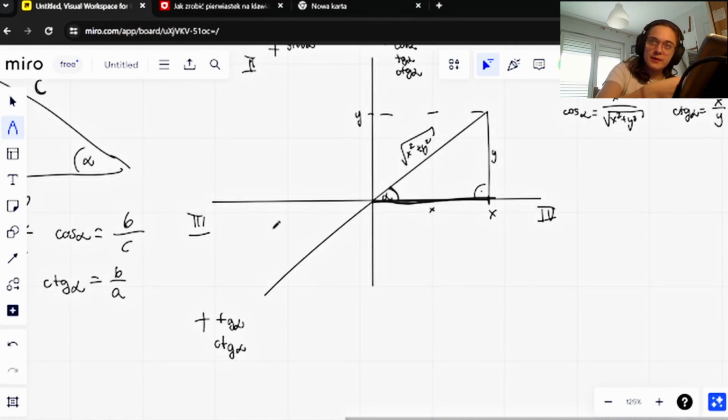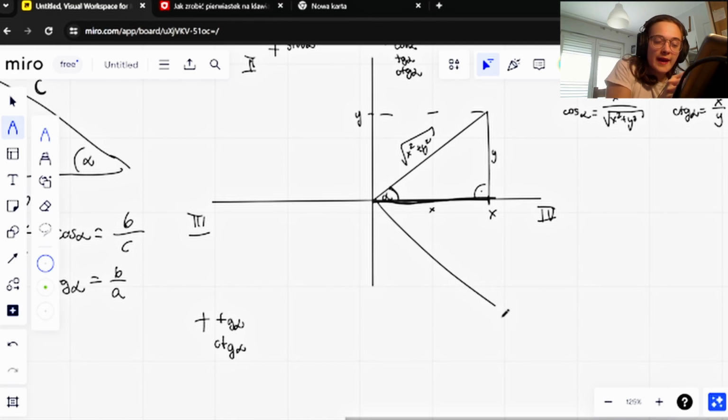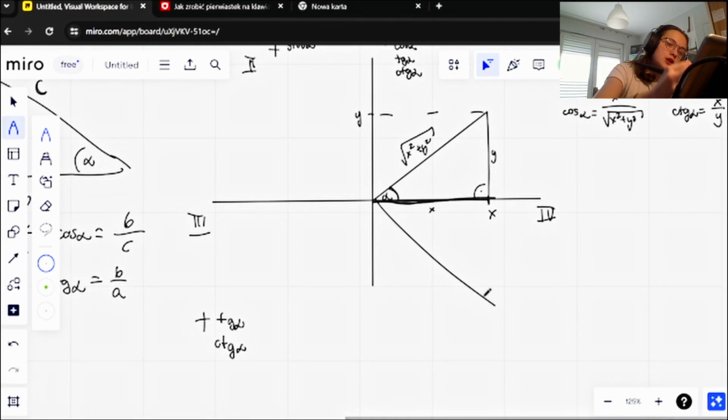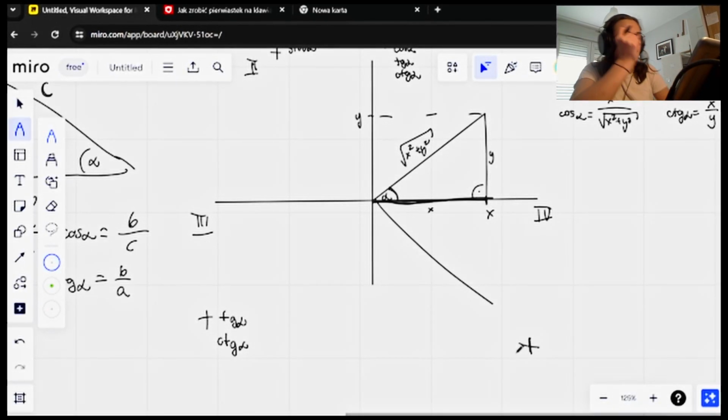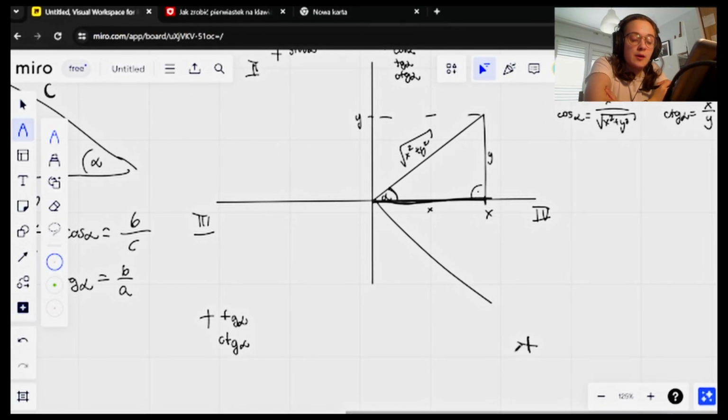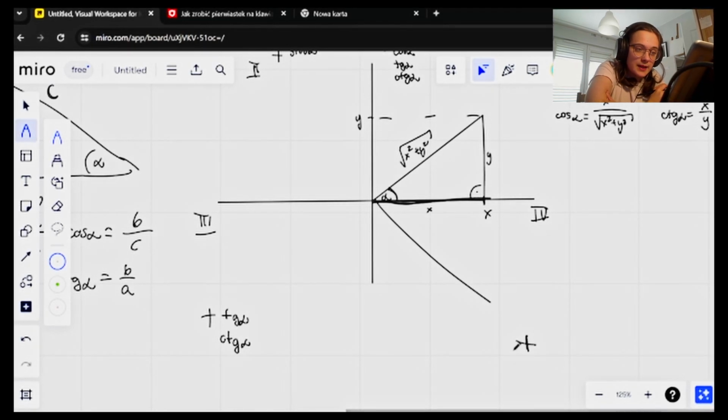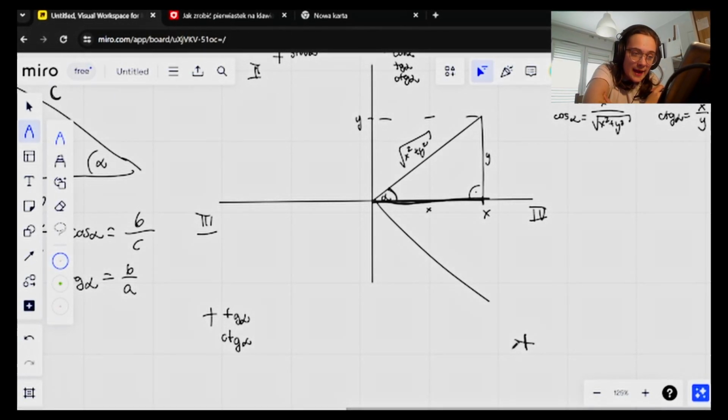Here sinus and cosinus are negative. So we have x, which is positive, and y, which is negative. I might have made a big mistake here.